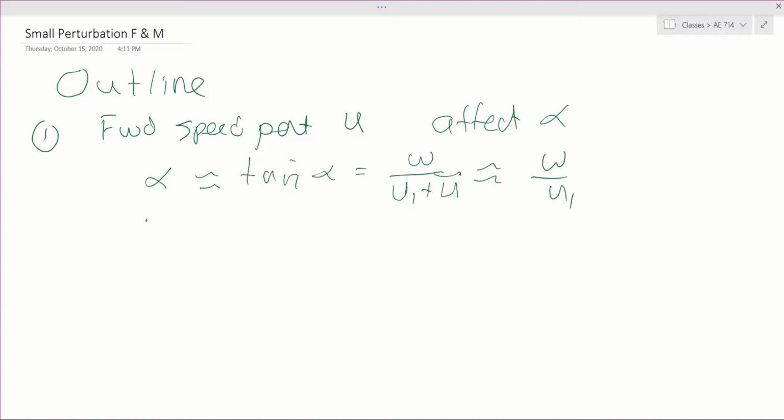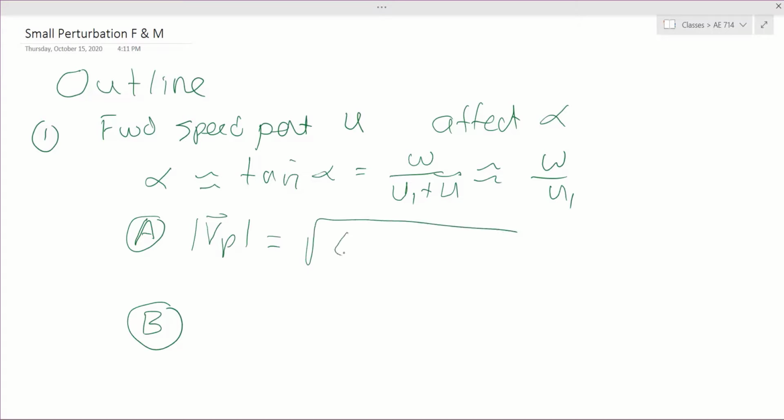So there's two reasons, reason A and reason B. So V sub P, magnitude, was this. So does little u affect the velocity, the total magnitude?